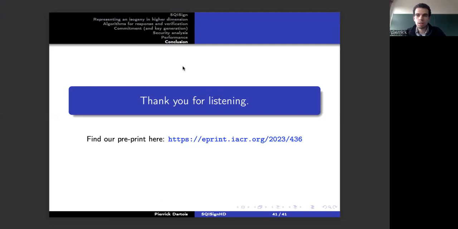It's a rough estimate, and it's still not optimized at all. So I guess that we can do much better, and that there will be optimizations, and that we can get, I guess, better timings.